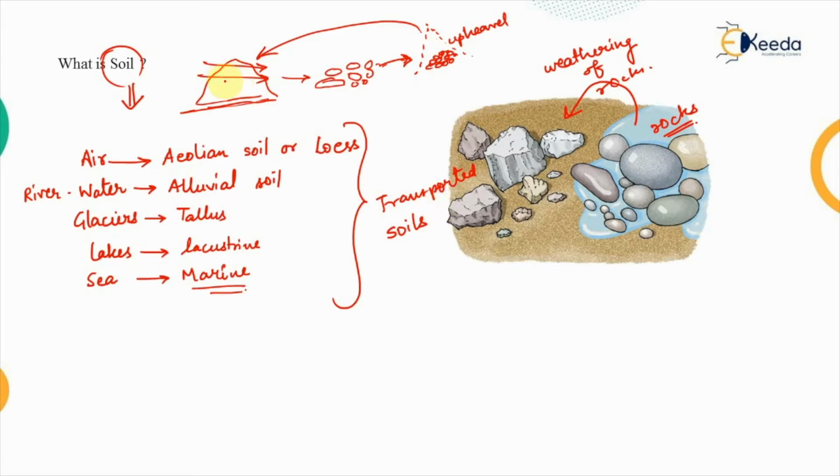But if the soil remains at the place of its origin, that means after the disintegration of the rock it is present at its original position itself, that is known as the residual soil. These are the basic types of soil that we usually come across.